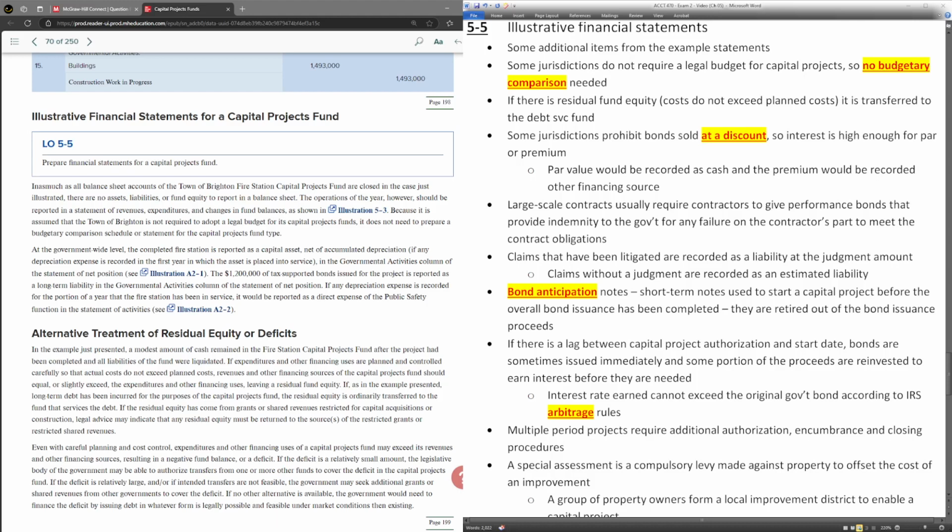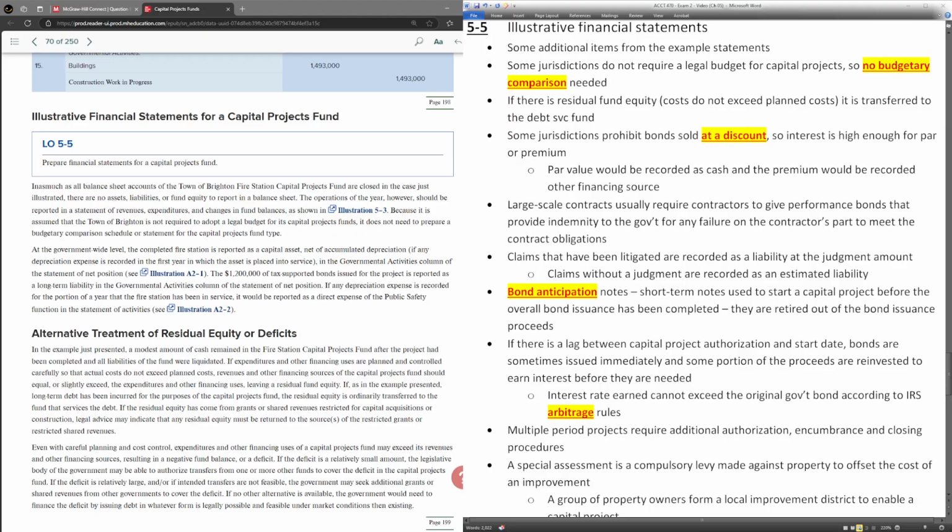Now, how they record the premium is they would record the extra amount that you get from the bond above par as another financing source. It's not to say there are no bonds sold at a discount, but many jurisdictions don't do that because it's just a little bit complicated accounting, and we're not going to worry about it. We're going to say bonds are either sold at par or at a premium.